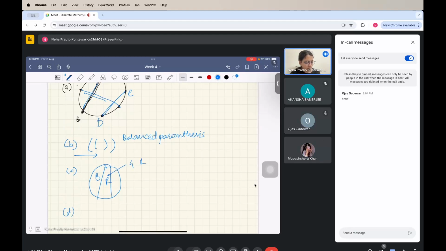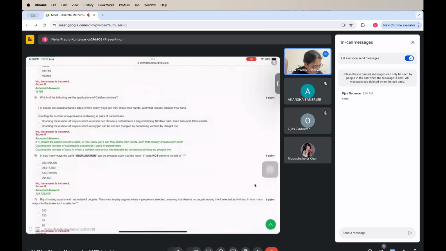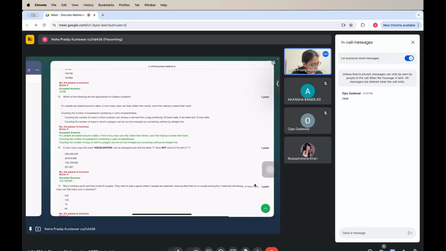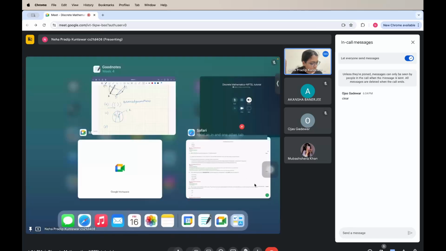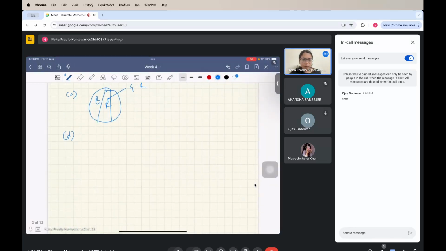And D is that you have a polygon. Let's say you have a hexagon, and you want to do some triangulations. That is, you want to draw edges like this, which partitions your polygon into triangles. So this is a triangle, and so on. The number of ways in which you can do this is what the question asks.